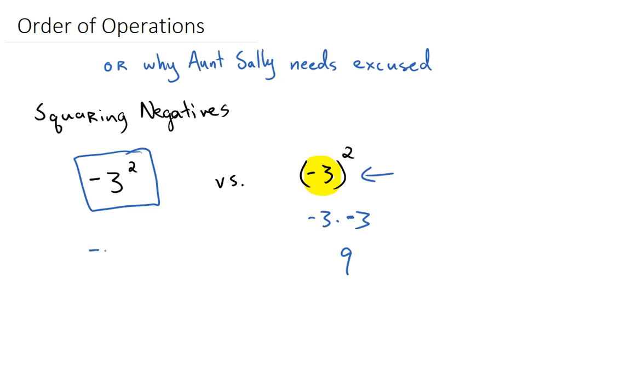In other words, this is the same as -1 times 3 squared. So the multiplication of the negative is unresolved. And writing it like this, and considering our order of operations, we would need to square the 3 first. That would give us -1 times 9, and then the -1 times 9 is a -9.